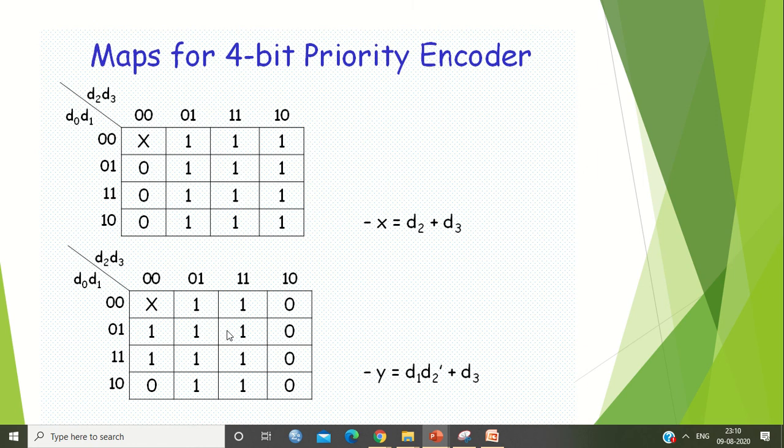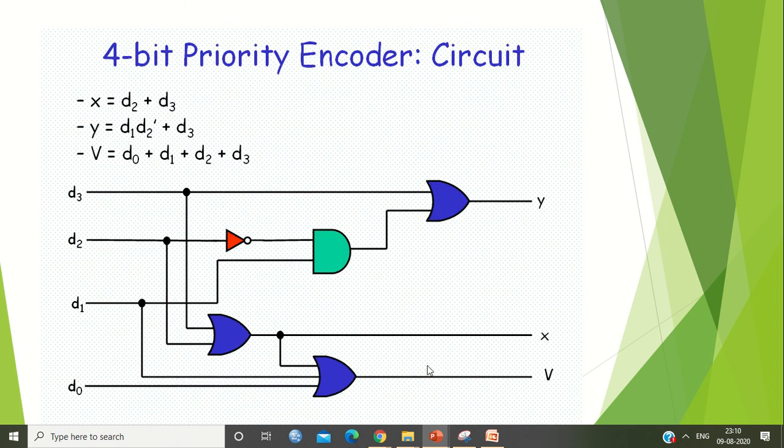So when you put it like this, these are the two values you will be getting. So here this 8, here this 8, and this 4. For this 8 you will be getting the value D3, and for this 4 you will be getting D1 into D2 dash. This I have already put there.